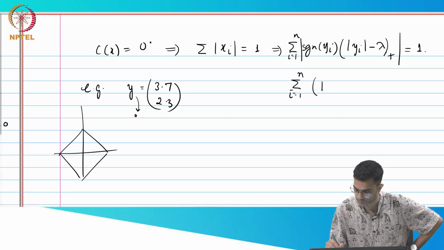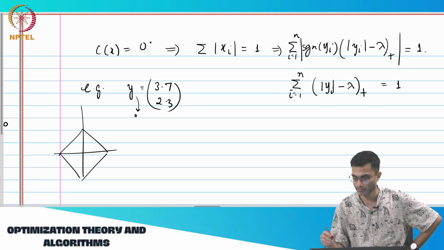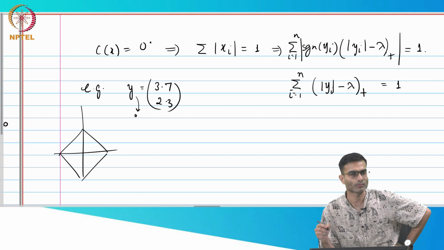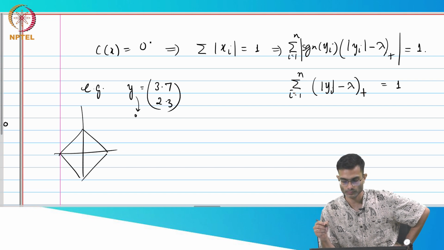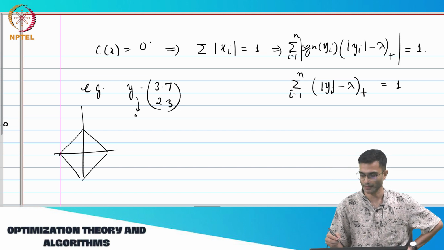So I just have mod yi minus lambda plus. When yi is 0, signum makes it 0. The plus operator takes care of it.